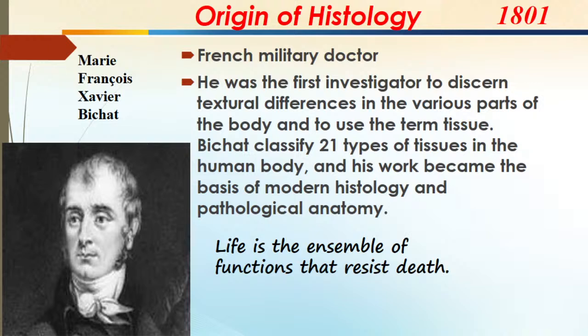Before Bichat, the English language did not use the word tissue. Bichat classified 21 types of tissues in the human body, and his work became the basis of modern histology and pathological anatomy. His slogan, "Life is an ensemble of functions that resist death," will now transform into the slogan that a tissue is an ensemble of cells with common functions.